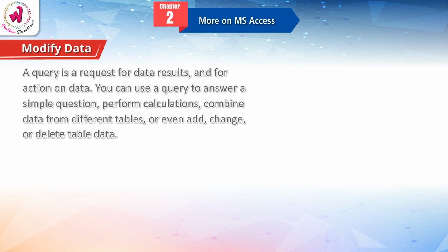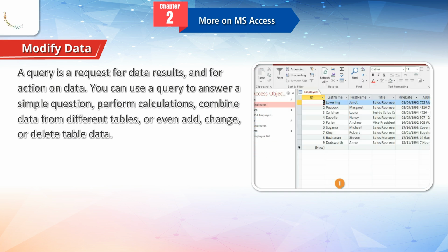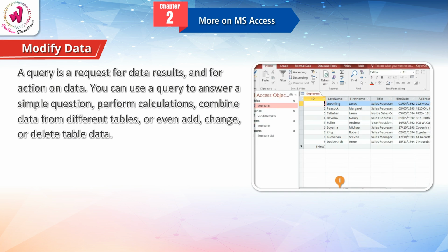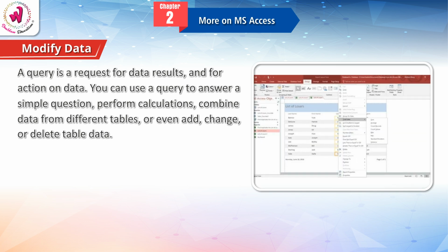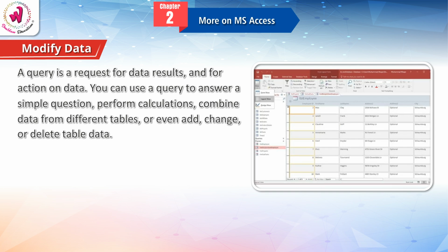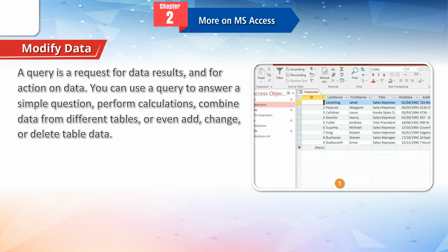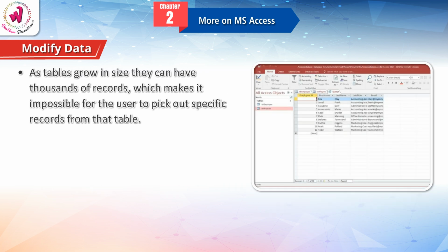Modify data. A query is a request for data results and for action on data. You can use a query to answer a simple question, perform calculations, combine data from different tables, or even add, change, or delete table data. As tables grow in size, they can have thousands of records, which makes it impossible for the user to pick out specific records from that table.